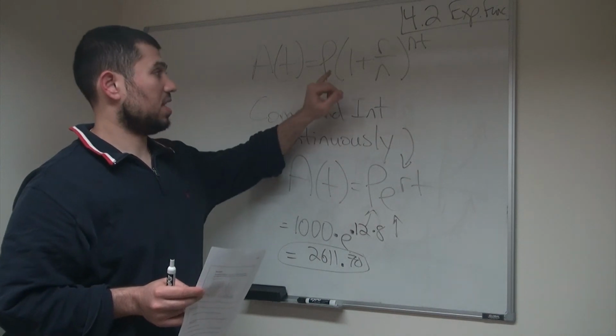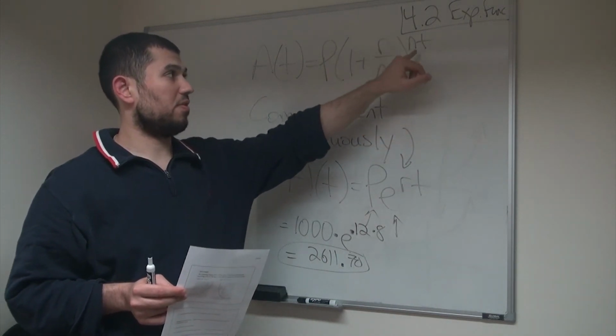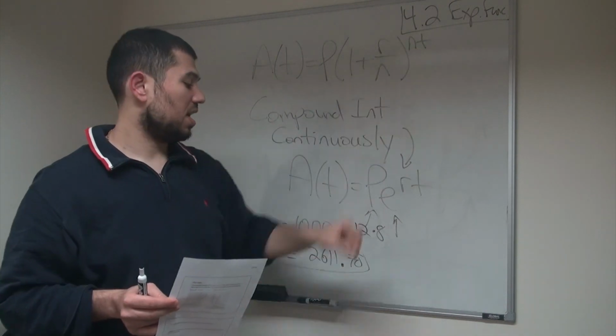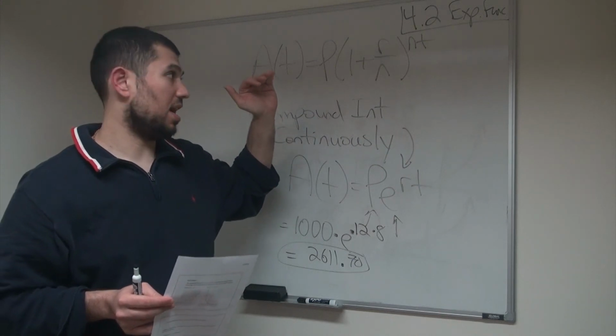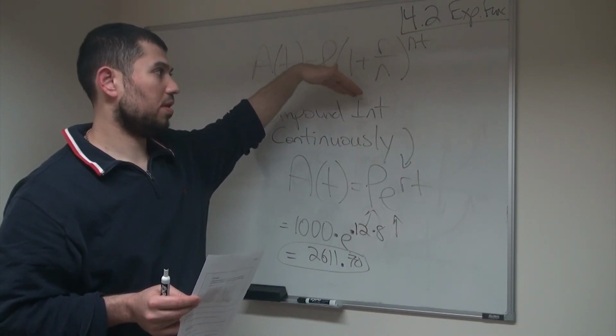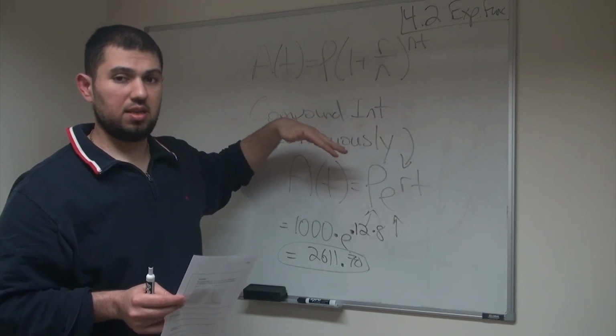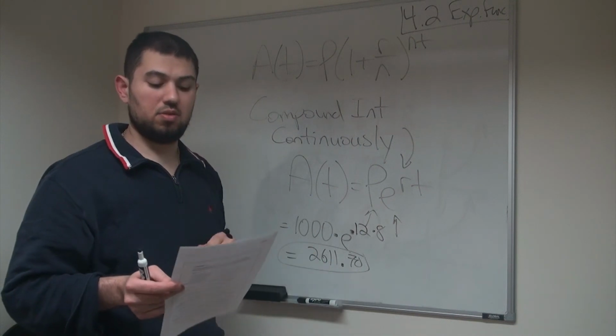You do 1,000 times 1 plus 0.12 over 365 to the power of 365 times 8 years, it's going to be less than this. So we did the problem last time where we showed that quarterly was less than monthly, and monthly was less than weekly or daily. Well, you'll see that all of those are less than continuously. Continuously gives you the highest payout.